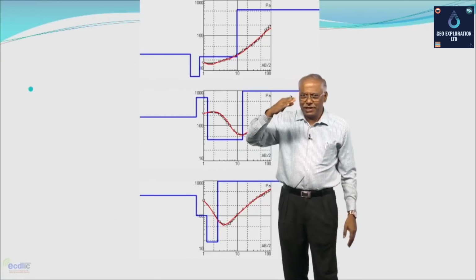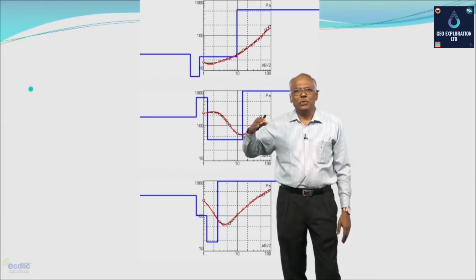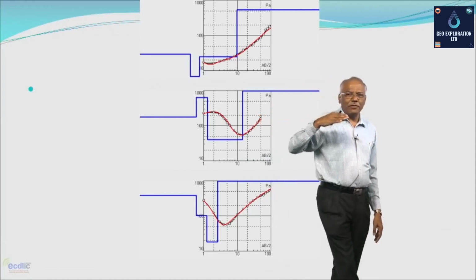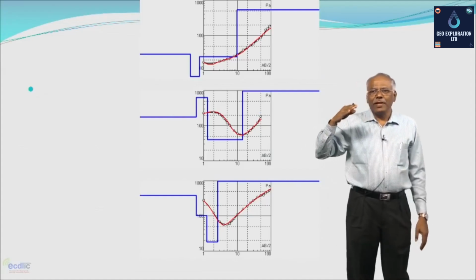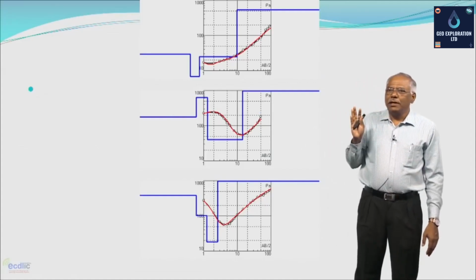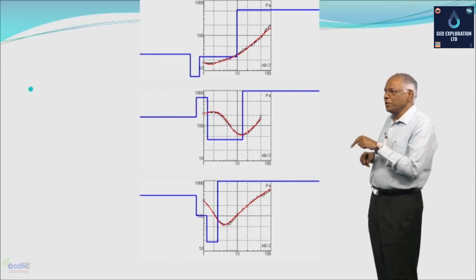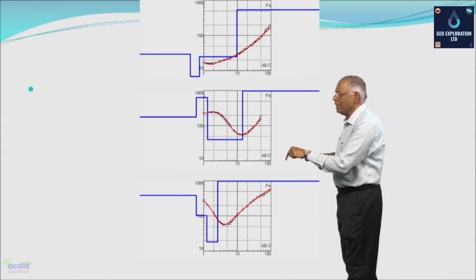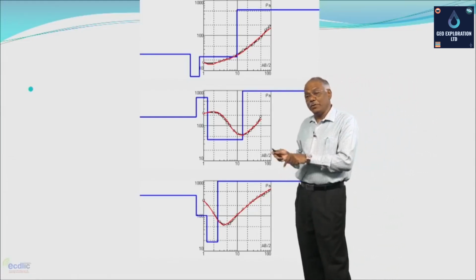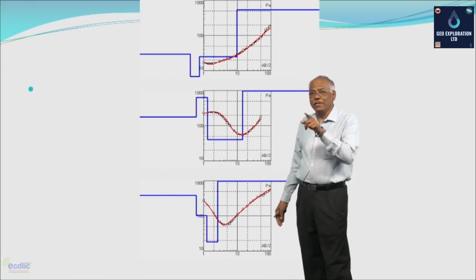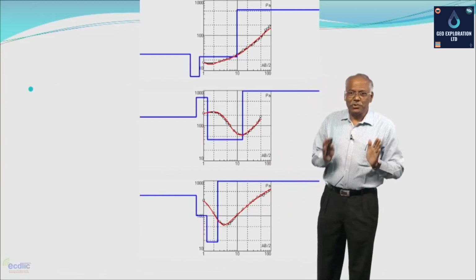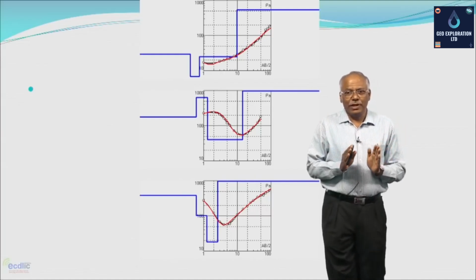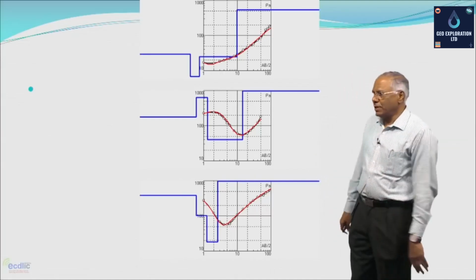Now you have the descending type of curve, which is also known as a Q type of curve, and this kind of curve is typically indicative of the fact that as you go deeper, there is a likelihood of getting water, or it could also be a low resistivity formation, and therefore your geological interpretation has to be very sound.